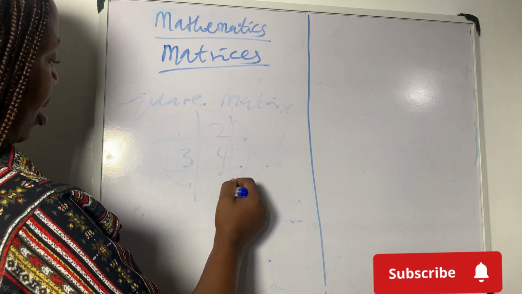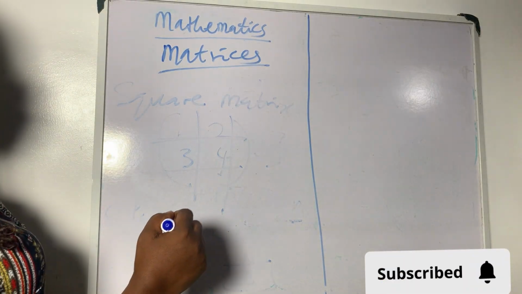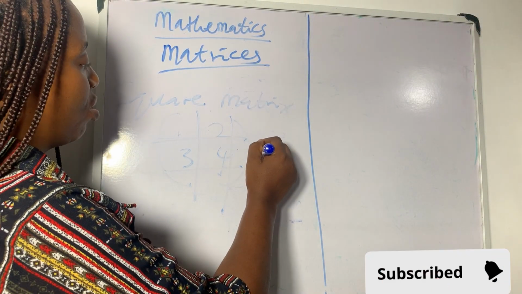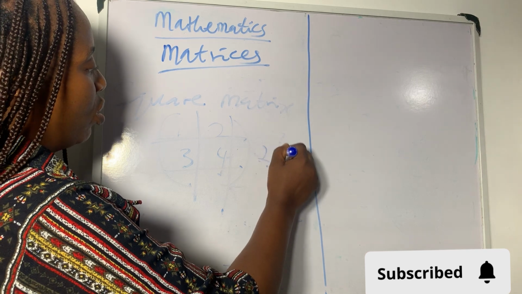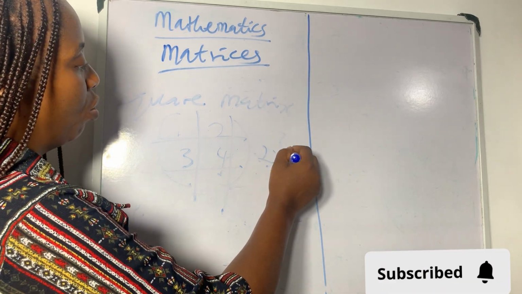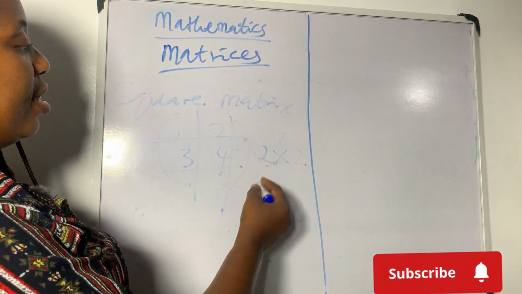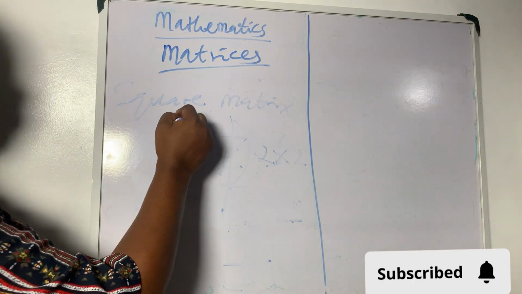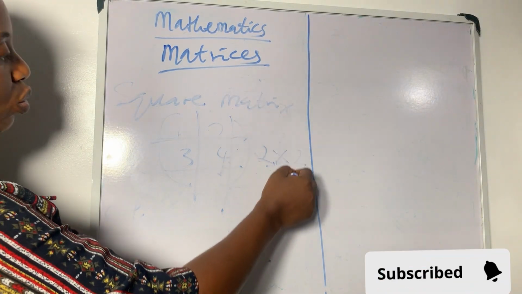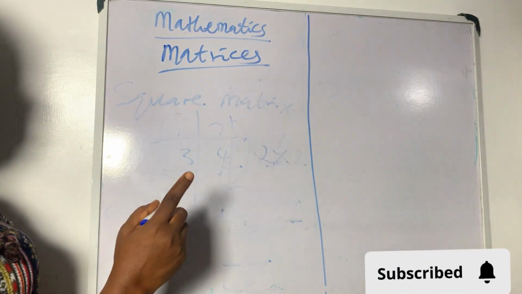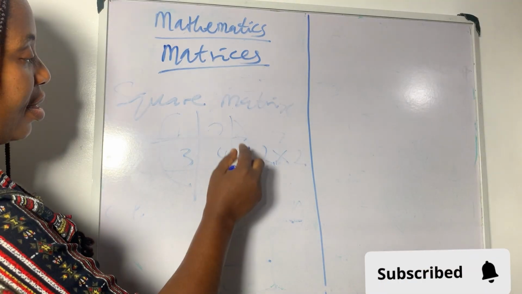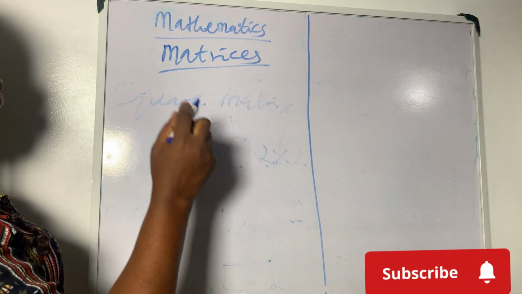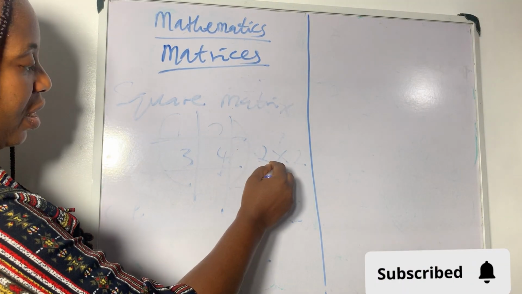This is also known as square matrix of 2 by 2. It is 2 by 2 because we have 2 rows and 2 columns. Remember, in describing a matrix, we state the row first.